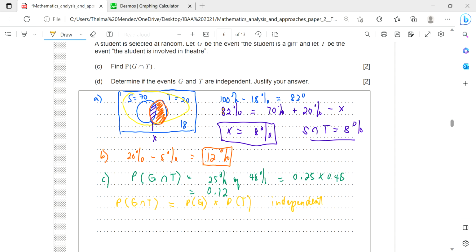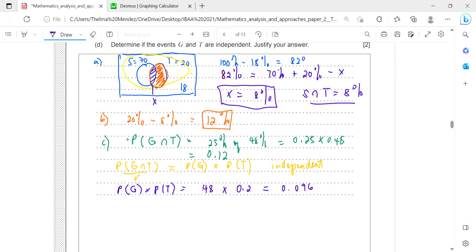Let's try. So we have already solved this part, and then we need to find the probability of G times the probability of T. How many girls are there? 48%. 0.48 times in theater is 0.2. So this gives us 0.096. So are they independent?